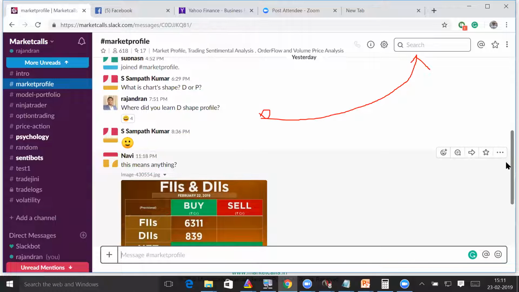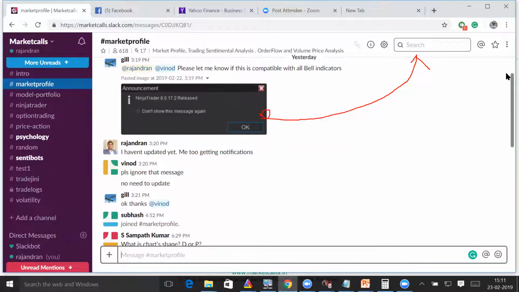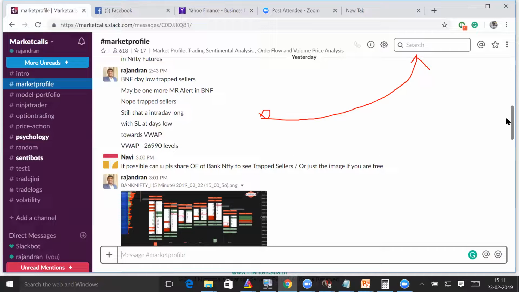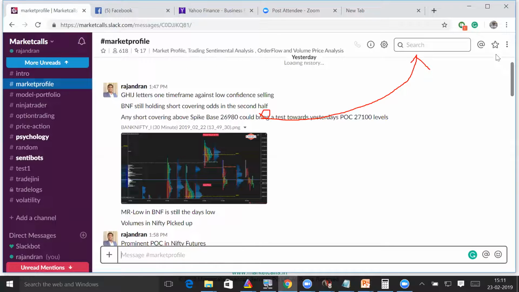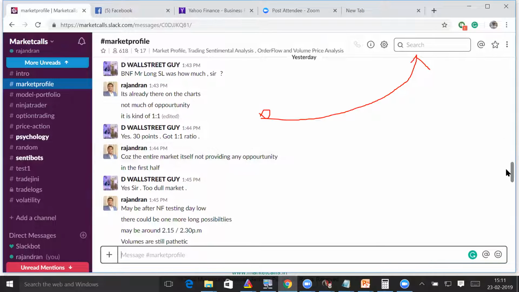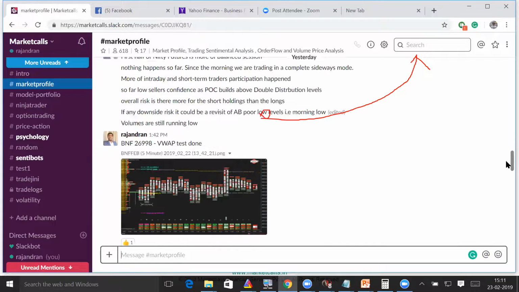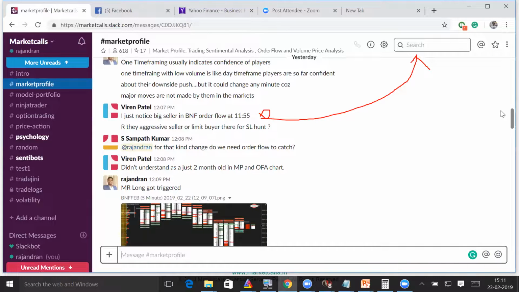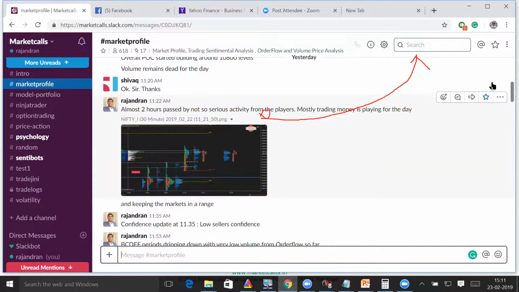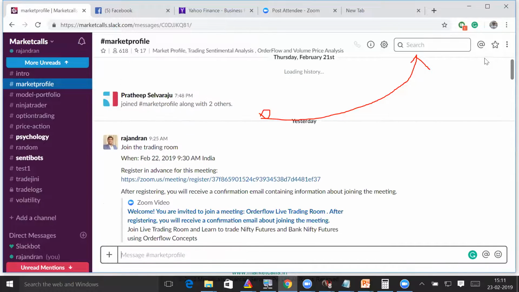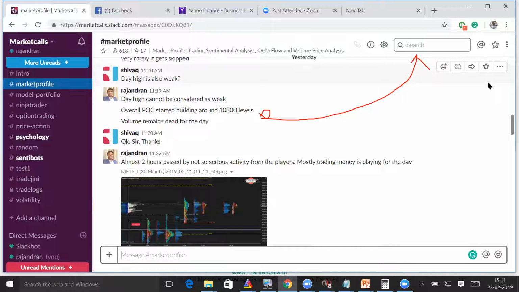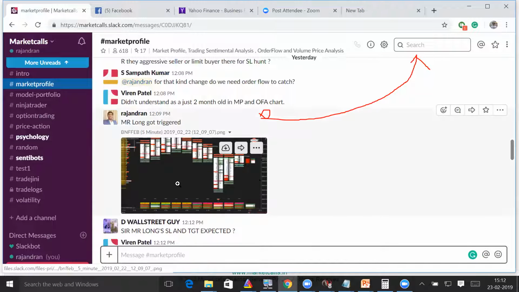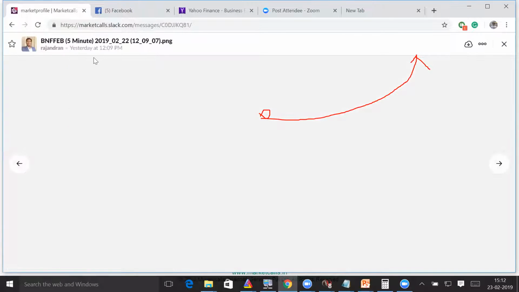So let me go a bit back. Yeah, this is where the MR alert got triggered, around 12.5 or so.